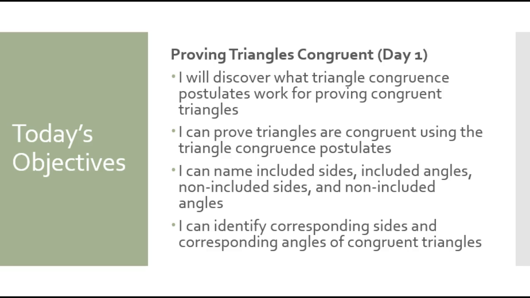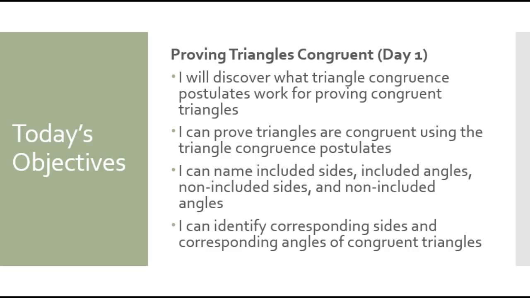We are going to discuss how to not have such a large proof showing all 3 sides and all 3 angles are congruent. In addition, to use these postulates correctly, we need to be able to name included sides, angles, and the non-included sides and angles, and we need to figure out which are the corresponding sides and angles of the two congruent triangles.